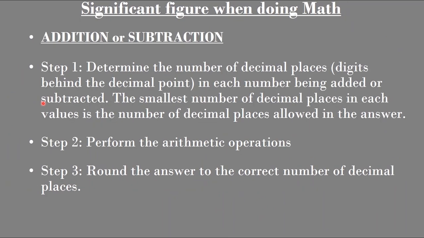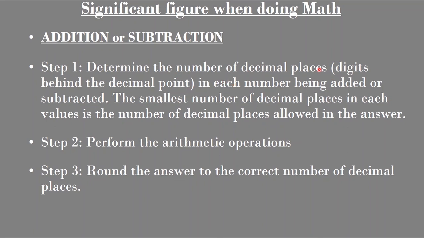The second rule that we have for doing math is for addition and subtraction. The rule for addition and subtraction is different than the rule for multiplication and division. Here you have to determine the number of decimal places. Decimal places means digits after the decimal point.